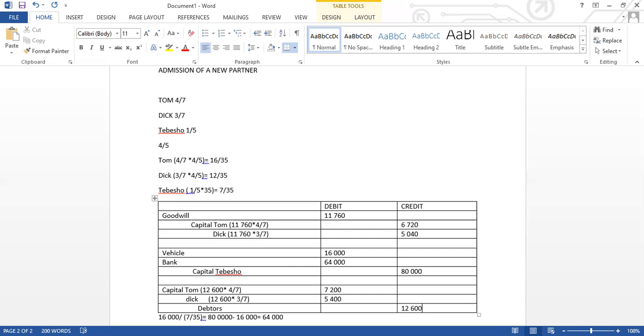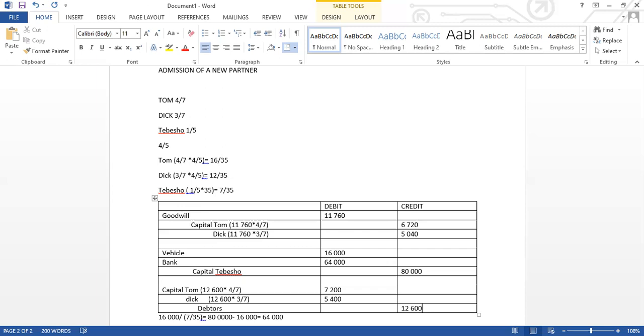You understand? So we need to establish a new general reserve, meaning that each partner needs to give a certain amount that will be transferred to the general reserve because we need to disclose a new general reserve in the new books of the partnership.